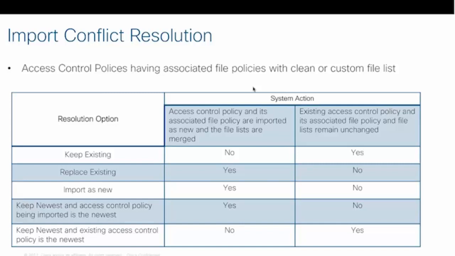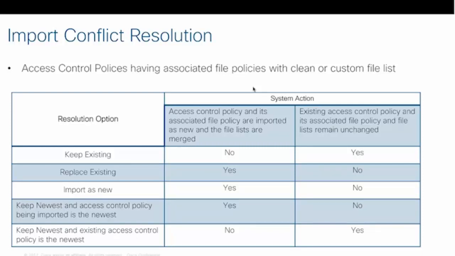So if the import conflict resolution page presents us with the options and we choose replace existing or import as new, or the option keep newest with the access control policy being imported as the newest, then the system will import the access control policy along with the associated file policy and its file list, and this file list will be merged with the file list that exists on the device after the import.